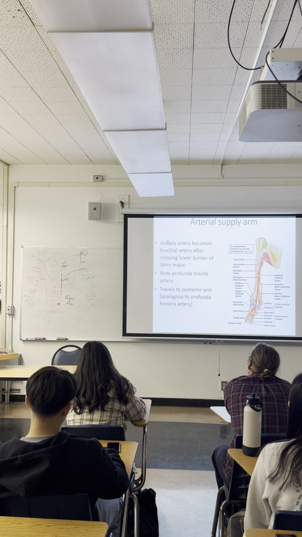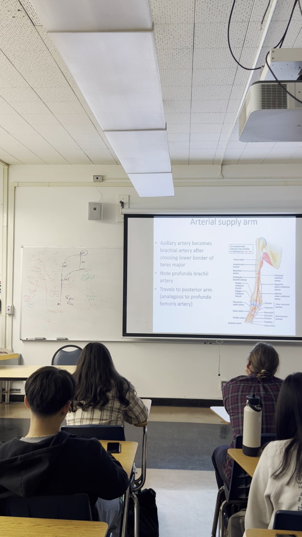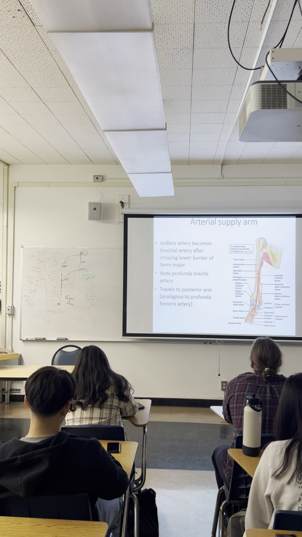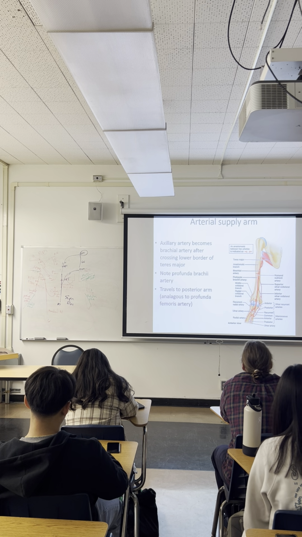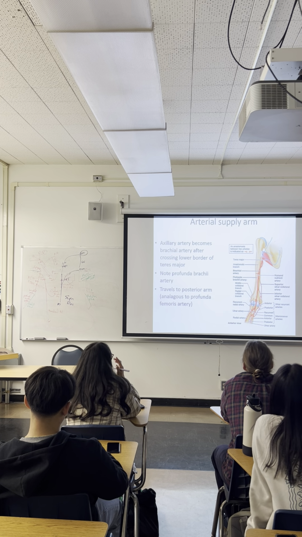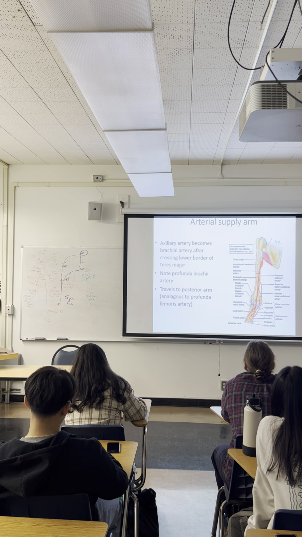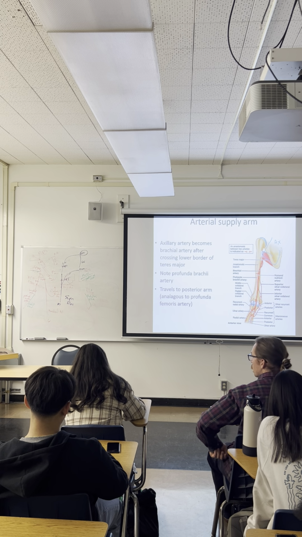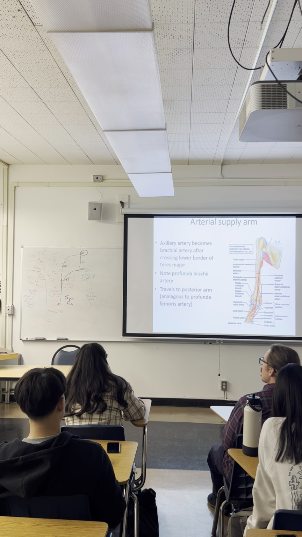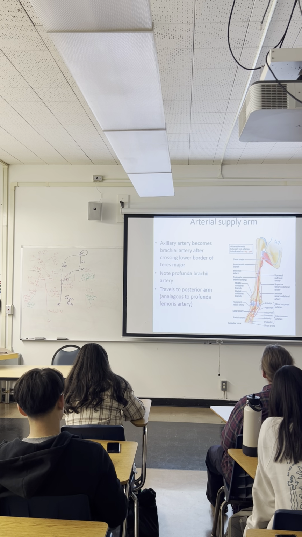So here's that new addition to our understanding of brachial artery. Remember, axillary artery becomes brachial artery after we cross teres major. So up here, this is axillary. Axillary artery is easy to see. You're not going to need me to show it to you, but we've got a little branch coming off of it, going to the back of the arm, called profunda brachii, and that is going to travel with the radial nerve. So you're going to see that.